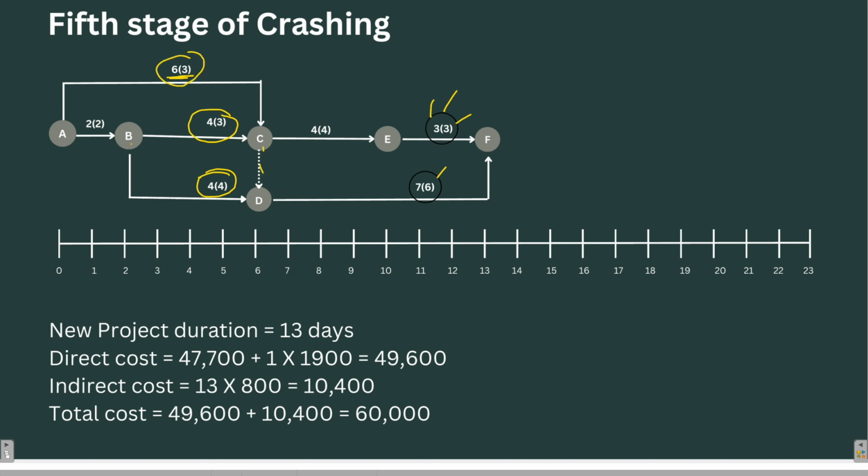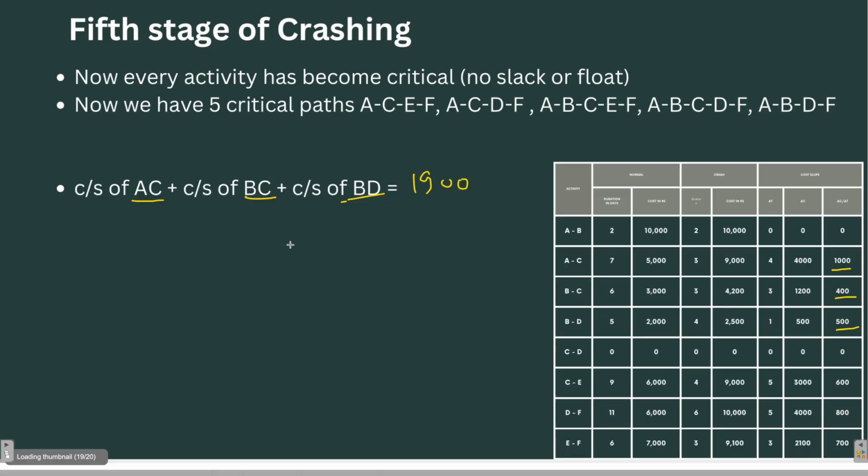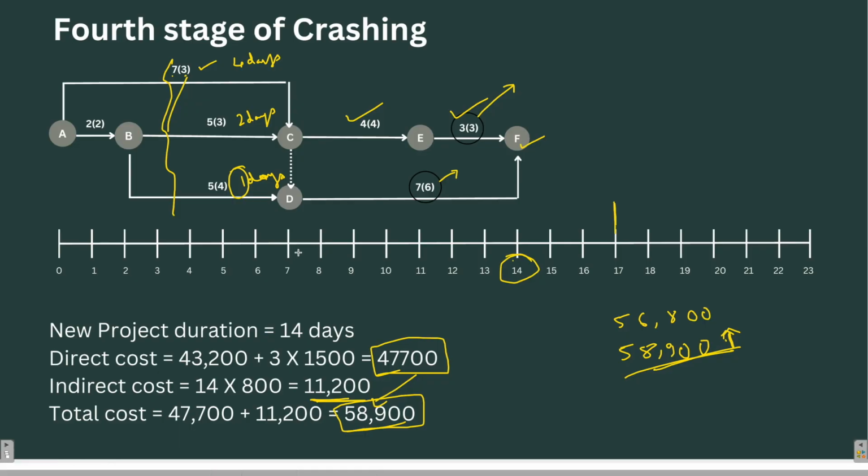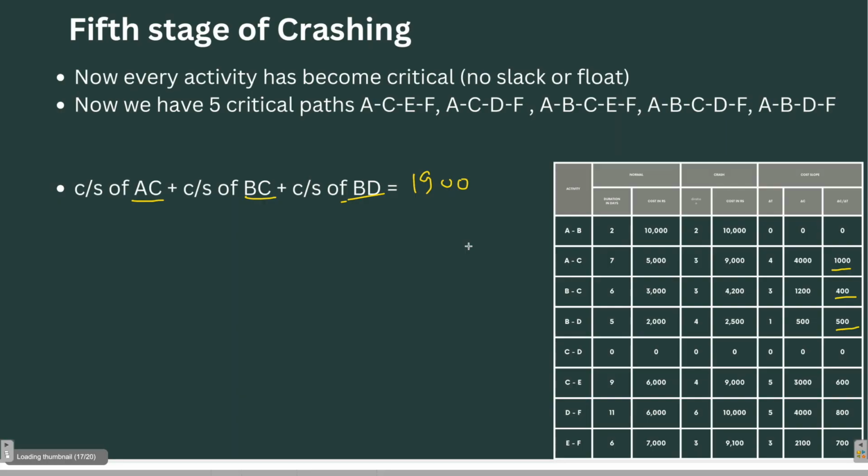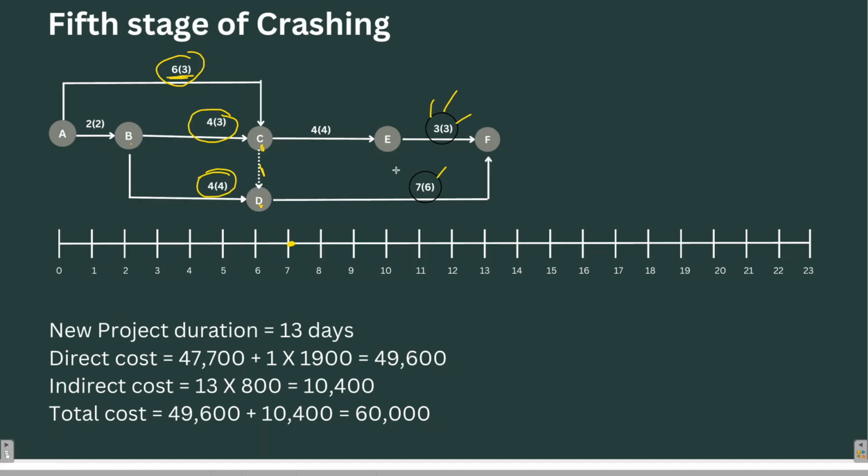So C and D, which were earlier positioned at seventh day, will come back to sixth day. E, which is at 11th day, will come back to 10th day, and F will be at 13th day. So this is the same thing. E has come back to the 10th day, F is at 13th day, and this is the new project days.